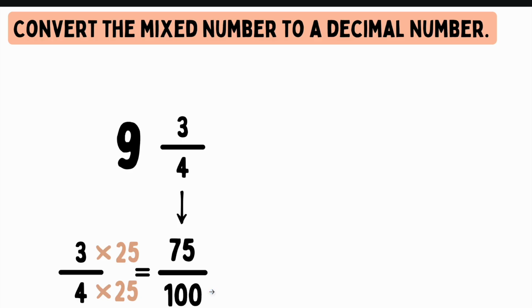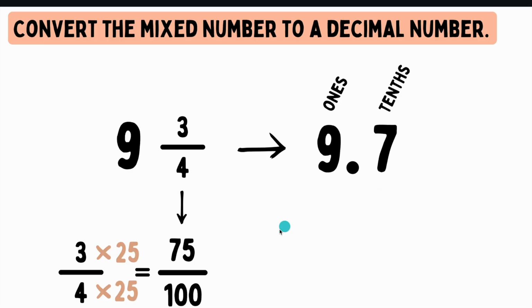That's much easier to work with. So we have 9 ones. Now we need the decimal point. This time we have 75 hundredths, a 7 in the tenths place, and a 5 in the hundredths place. We read this as 9 and 75 hundredths, or 9.75, which is equivalent to 9 and 3/4 because 3/4 is equivalent to 75 hundredths.